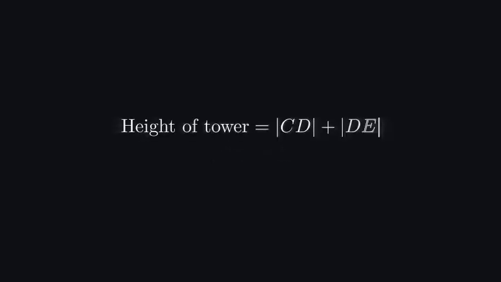(30 degrees). Length of DE equals H. Height of tower equals length of CD plus length of DE.